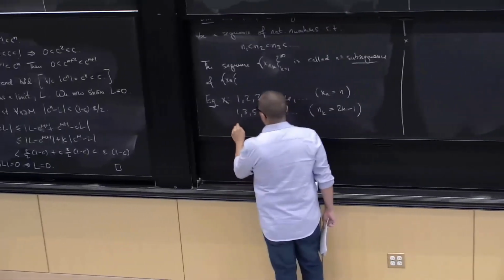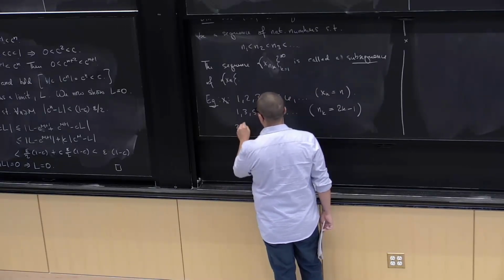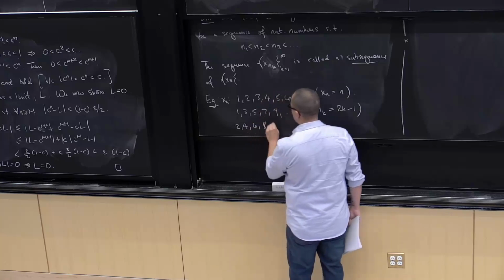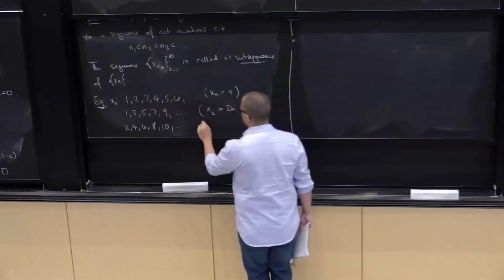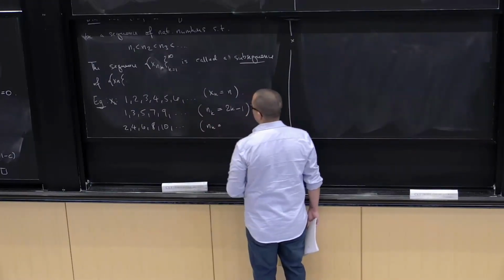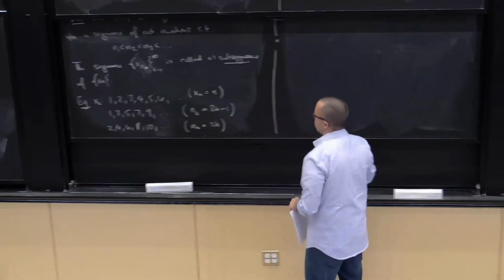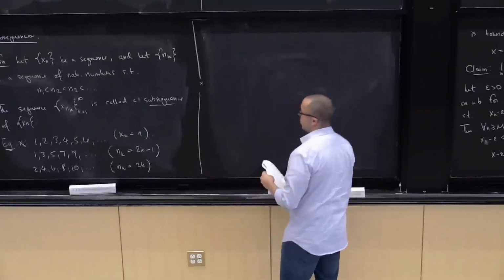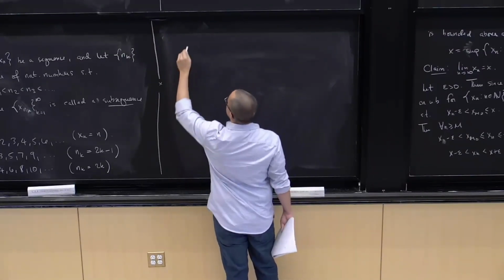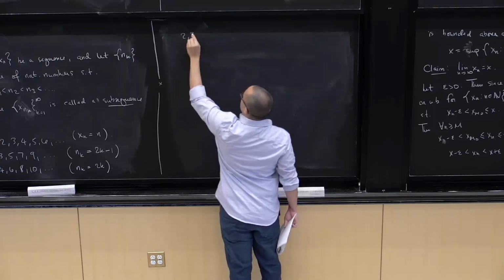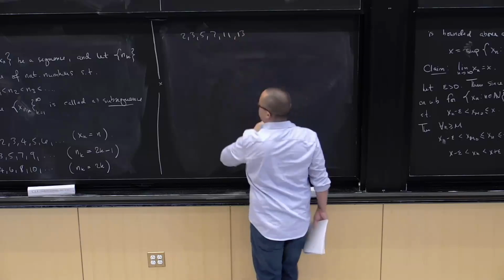Another subsequence would be the sequence of even numbers, 2, 4, 6, 8, 10. All right, this is a subsequence of this original sequence. Here, the increasing sequence of integers is 2k. Another subsequence could be the sequence of prime numbers, 2, 3, 5, 7, 11, 13.